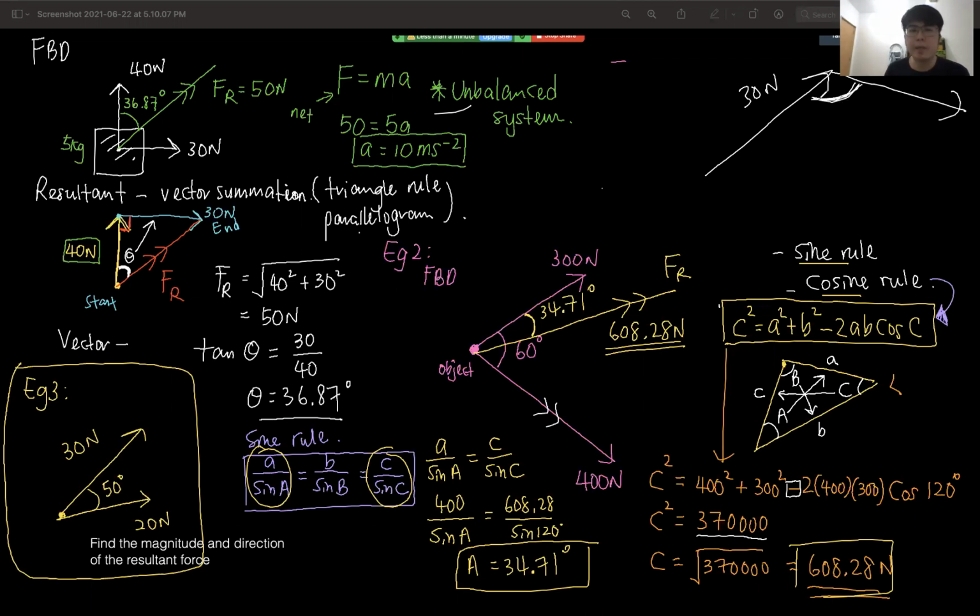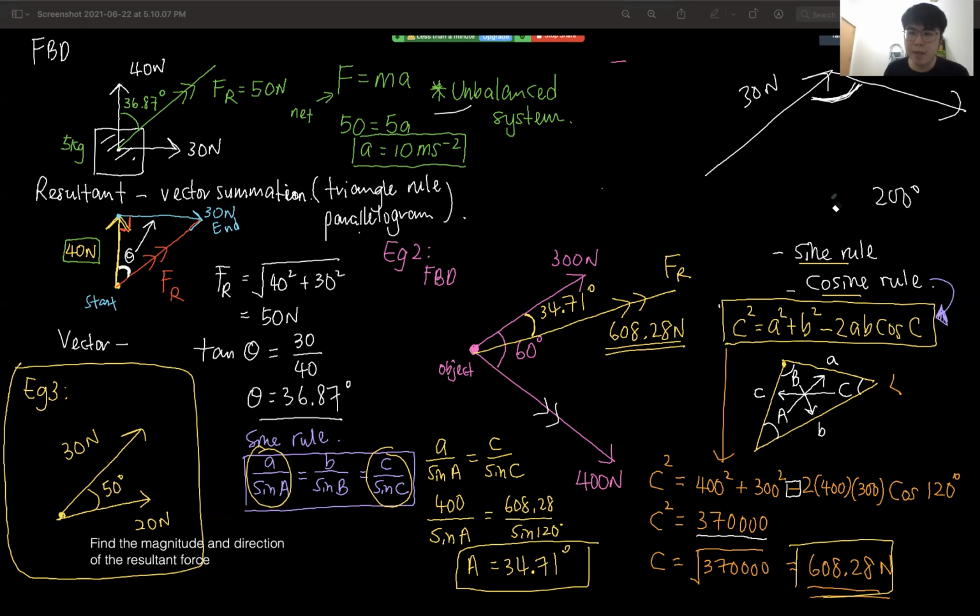It could be 20. It could be even 100. If it's 100 or if it's 200, then it will be like this, right? This is 200. It's possible. So this is just a rough drawing. You never know that it will look like this, because you don't know the angle.